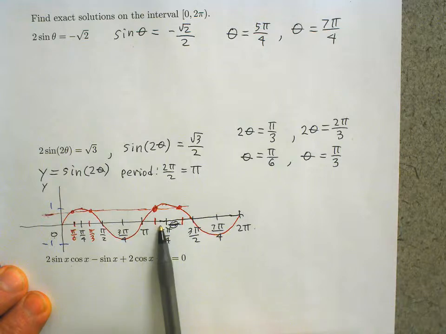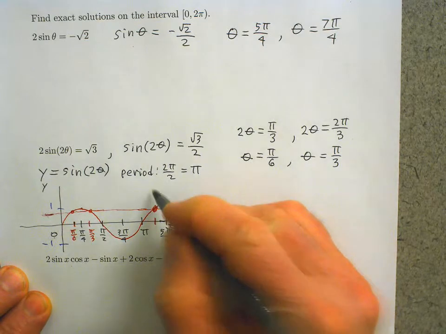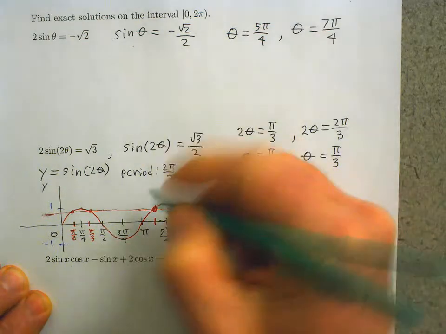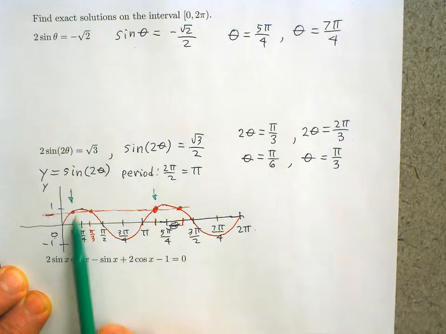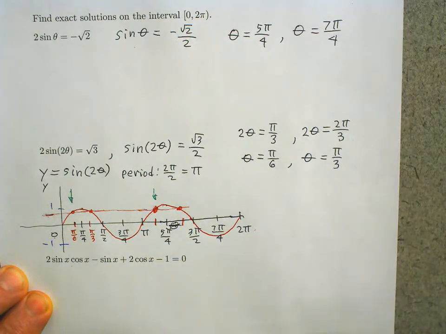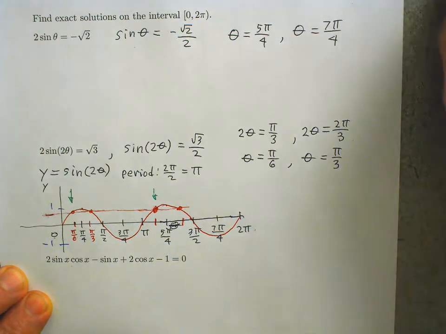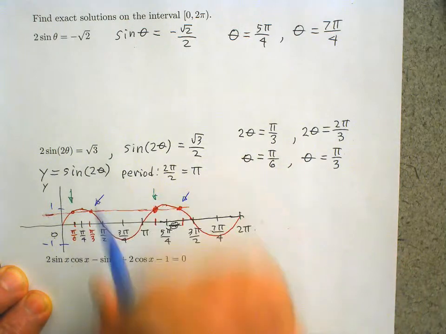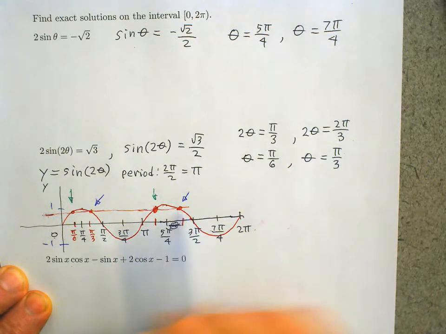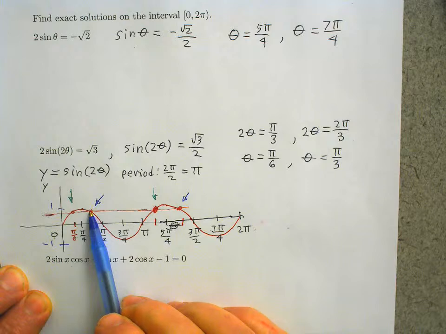Okay, we'll notice that this point right here is 1 period of this function away from pi over 6. And the other one, this other point, compared to this one, this point is 1 period away from that one.